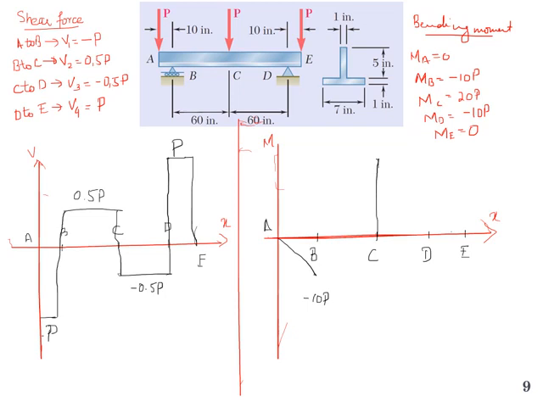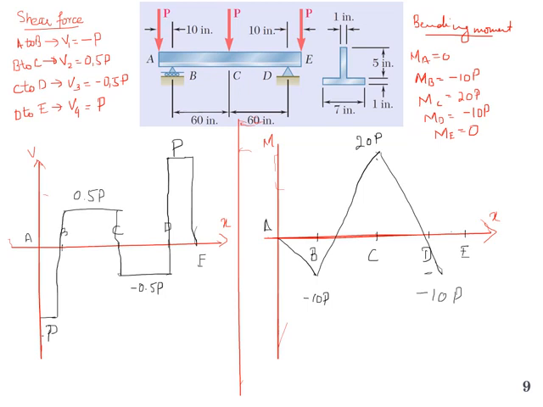From B to C, it will be plus 20p. So that will be plus 20p. And from B to D again, it will become, from 20, minus 10p.